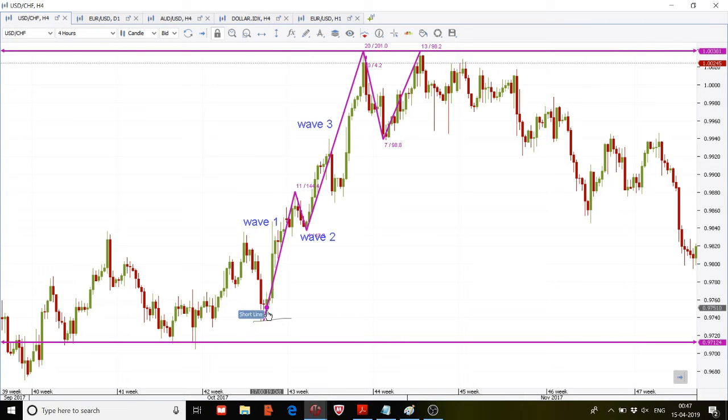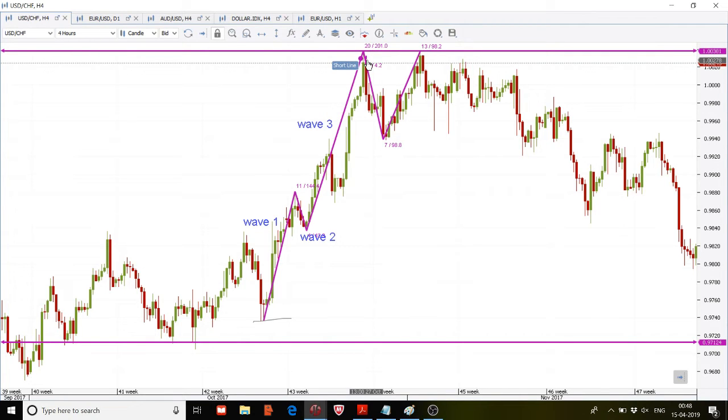If we give the name wave 3 to this other length, you can easily notice that it would be the shortest wave in the series, and that will not be an Elliott wave principle, because as per our rules and guidelines, wave 3 should be longest in the series. So when we name it wave 3, then only it satisfies the Elliott wave principle.